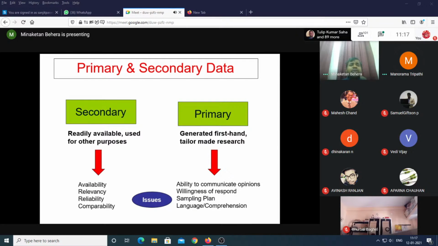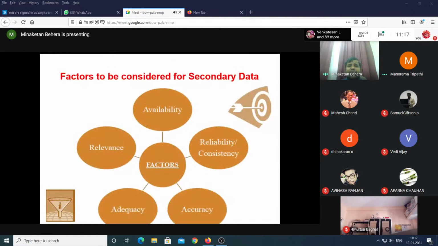Now, when you are using secondary data in your research work, you have to be very careful. As a researcher, you have to ask yourself: this is the objective of my study, and can this objective be fulfilled with the help of secondary data?